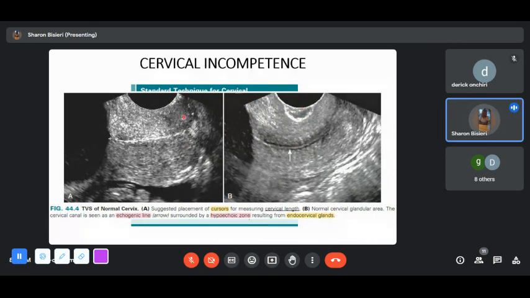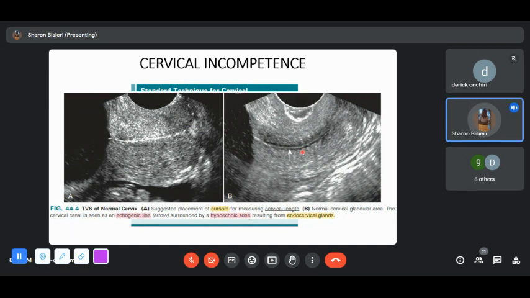Both of these are transvaginal ultrasounds of the cervix, and we can see the echogenic endocervical mucosa, and then we can see the internal cervical os and the external cervical os. These are the measurements that we need to get, at least 3 of them, and then we take the shortest possible one as our cervical length.